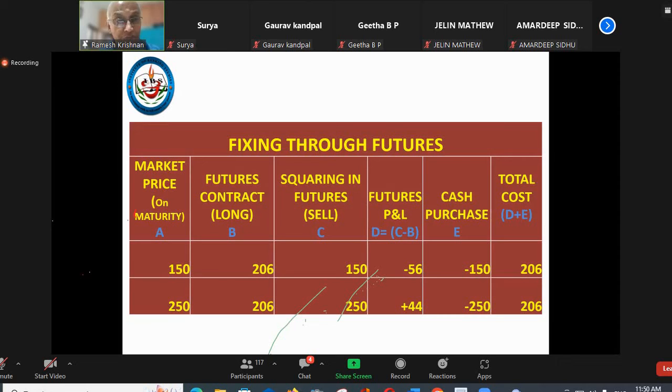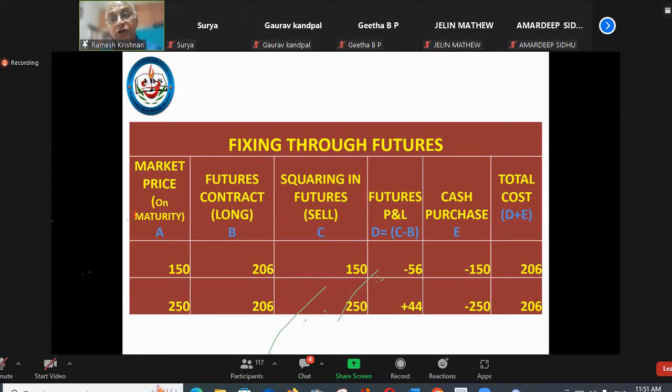First you started at B, 206 bought, and then you squared on maturity date under C, 150. So the net difference is what is done by the P&L of the exchange. They debit your account with 56 rupees. So your total landed cost of cement becomes 150 in the cash market plus 56 debit in P&L, total 206.